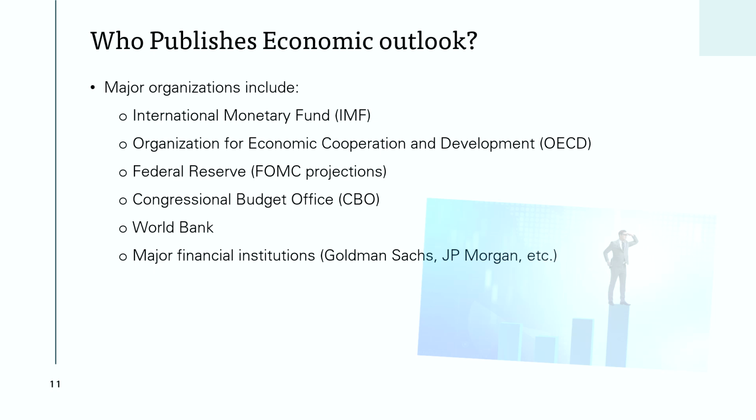And the World Bank also publishes global economic assessments. In addition, major financial firms such as Goldman Sachs and JP Morgan issue their own outlooks to guide investors. These organizations combine data analysis, econometric modeling, and expert judgment to predict future economic performance.